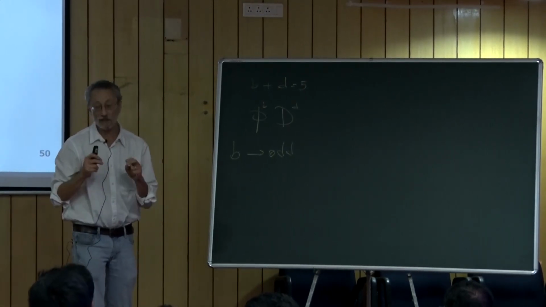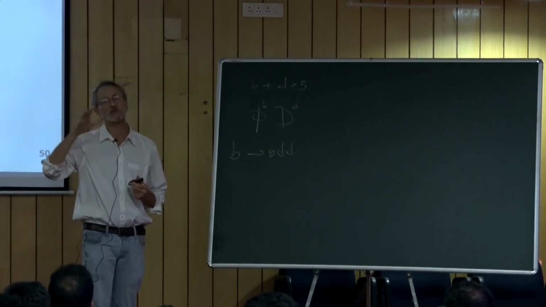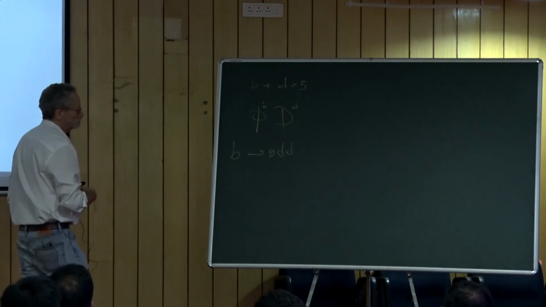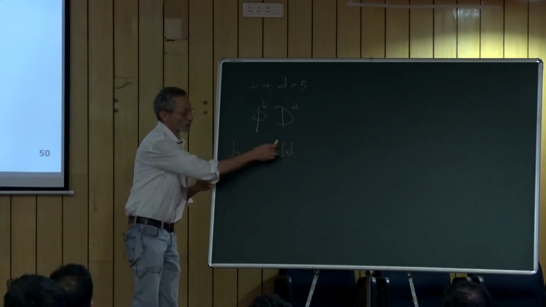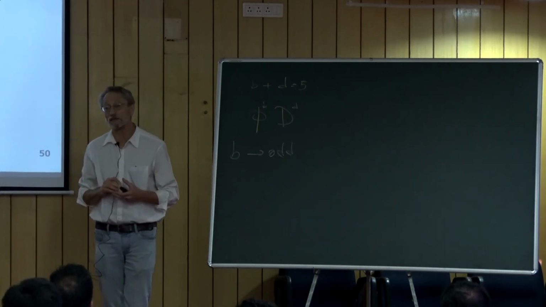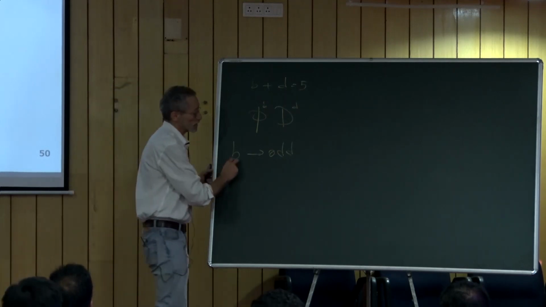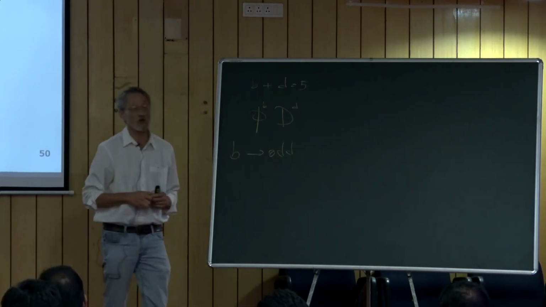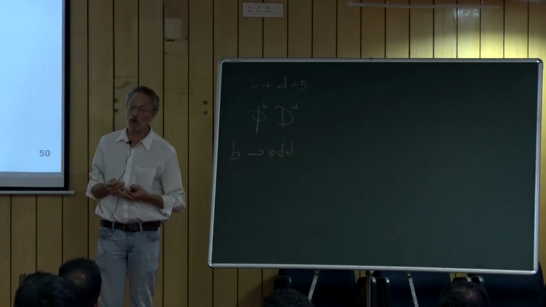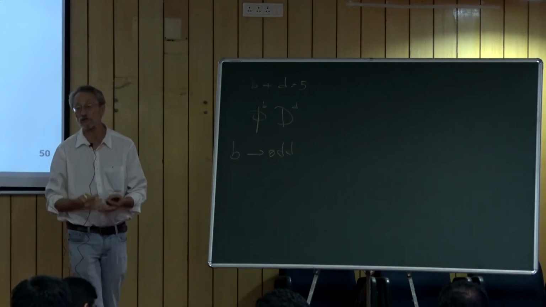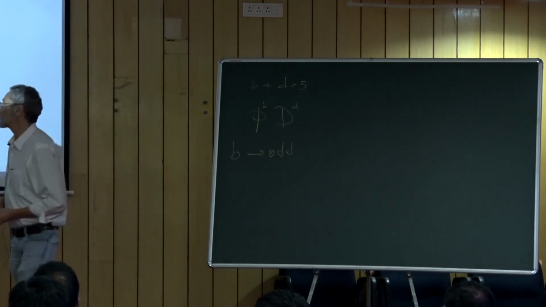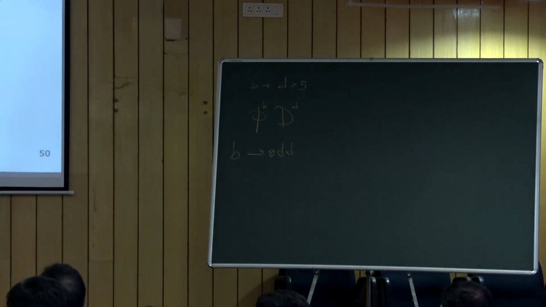And when I talk weak isospin, I mean the SU(2) gauge number. But out of these guys, you can never make a singlet. So this operator with odd number of B fields can never become a gauge singlet just because of the group theory. And therefore, it is forbidden by gauge invariance.